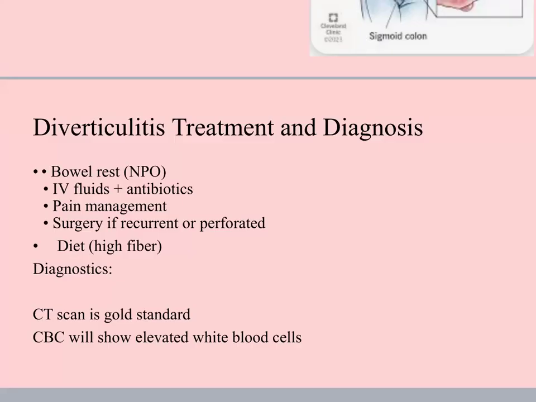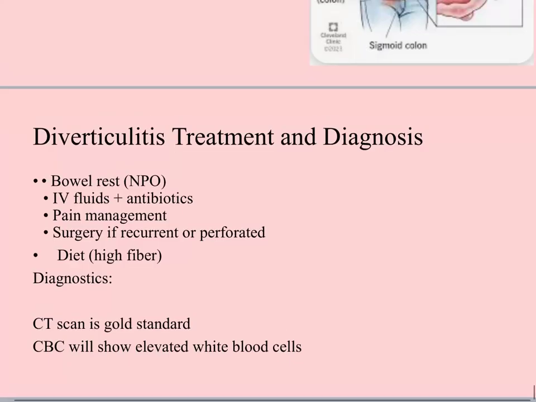Once the inflammation has passed and things have calmed down, they should be trying to incorporate more fiber in their diet so that the poop can move through and it's not getting stuck in these little diverticula. CT scan is the gold standard for diagnosing this, and a CBC blood test will show elevated white blood cells.